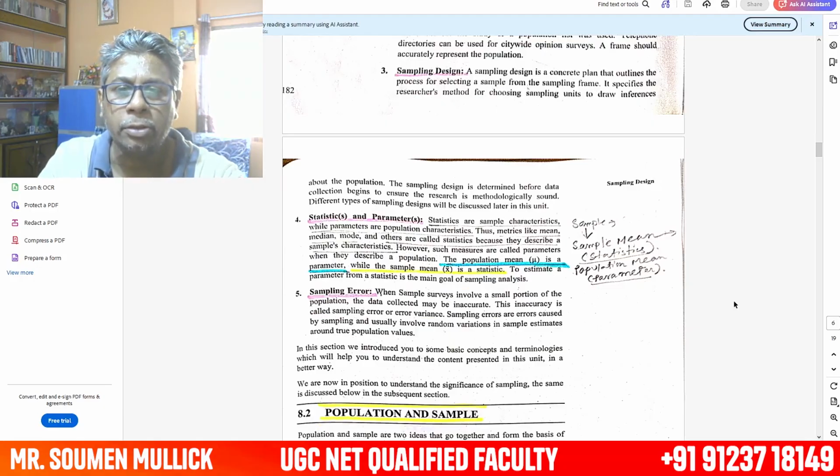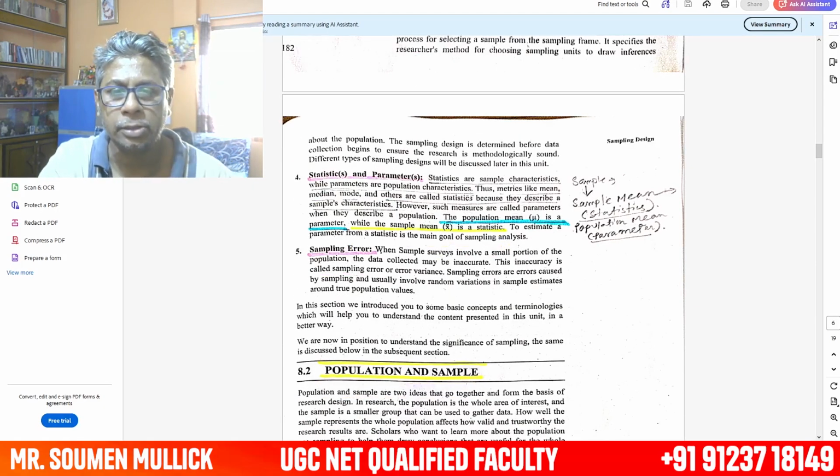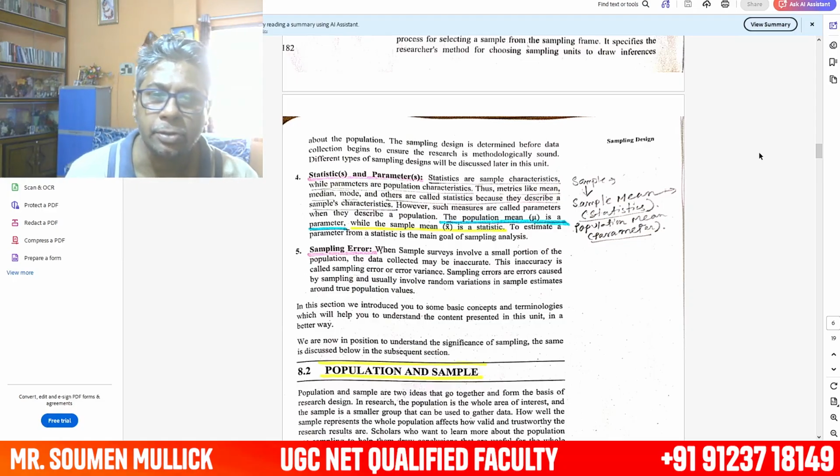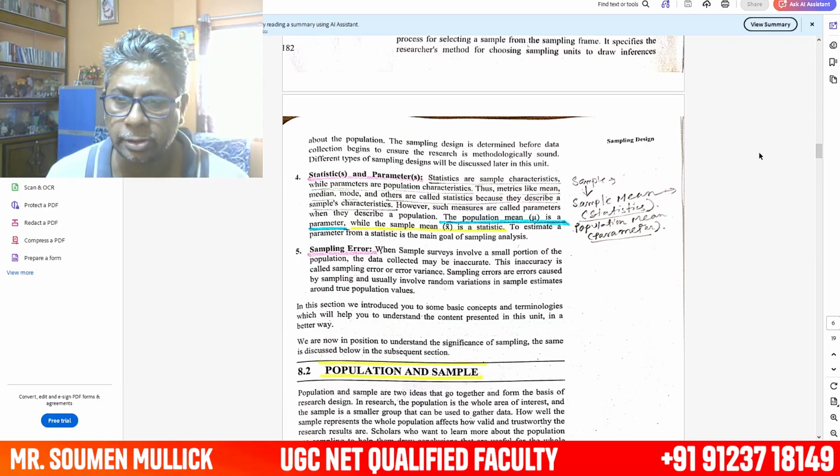Now the next important concept we have to clear is called statistics and parameters. What do you mean by statistics? Statistics are the sample characteristics, while parameters are population characteristics.